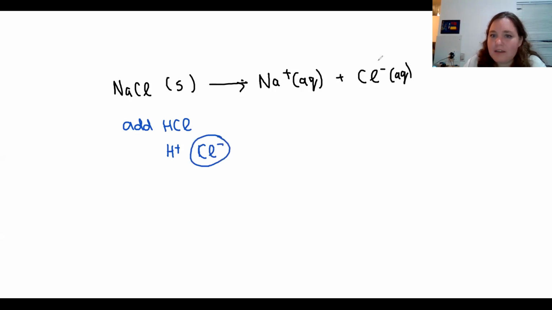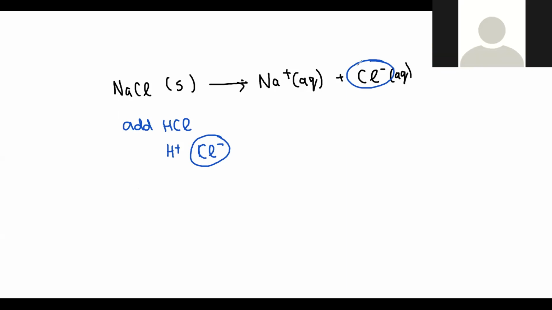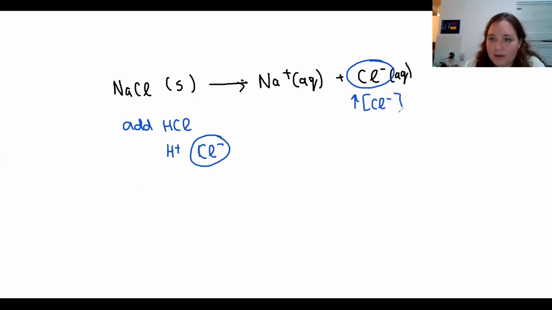HCl is a strong acid, so the H plus and the Cl minus dissociate. So by adding HCl, the disturbance is that we've increased the concentration of the chloride ion, and therefore, according to Le Chatelier's principle, the disturbance is the increase in the concentration of Cl minus.